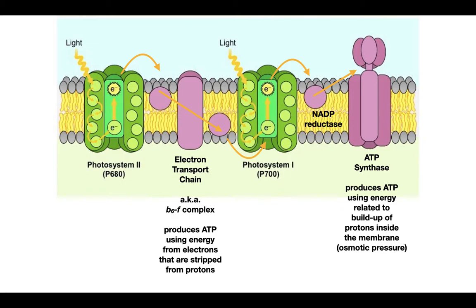So that's the lumen. So what we see in 3 bands, we have a blue band that is the stroma, we have a kind of yellow band that is bordered in gray that is the membrane itself, and then we have the tan band at the bottom represents the lumen. So again, we see light shown as this kind of zigzagging line hitting this photosystem.